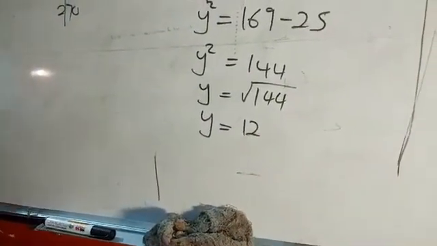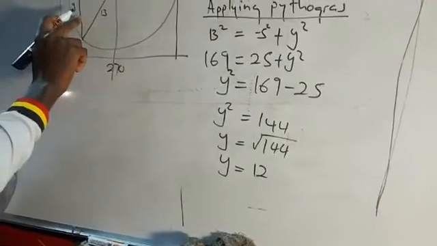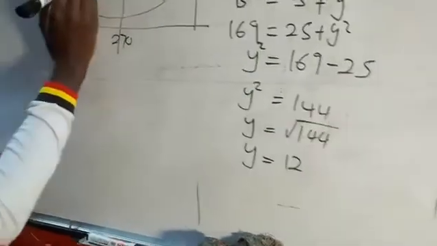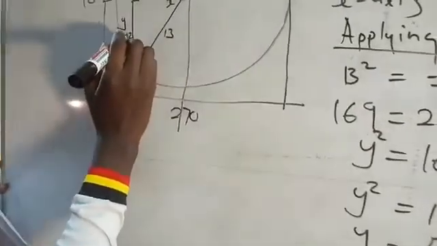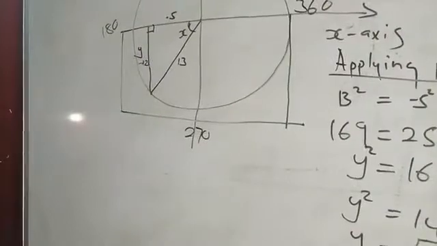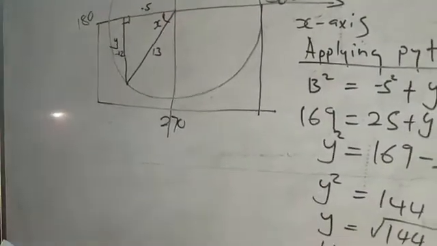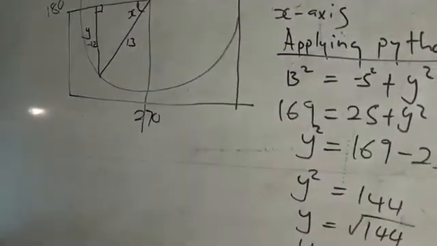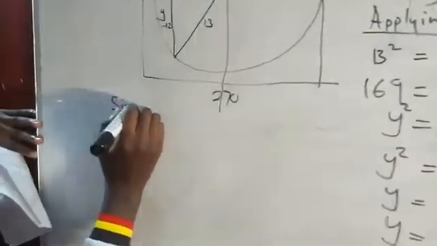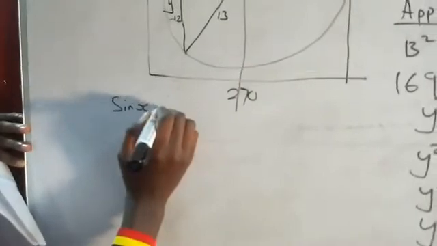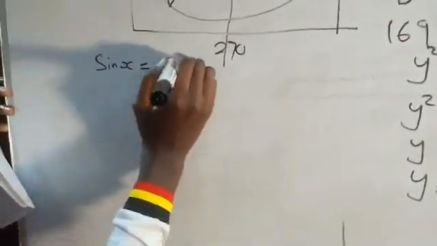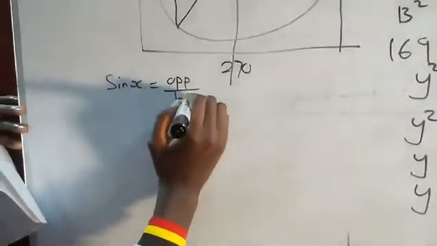So y is on the negative side of the y-axis, so it's gonna be a negative 12. So they have told us to get sine x being equal to opposite over hypotenuse.